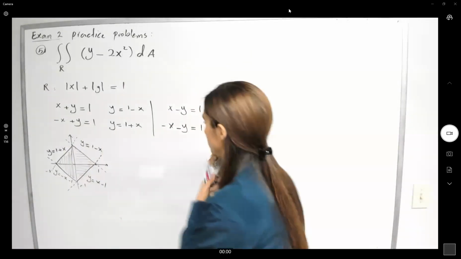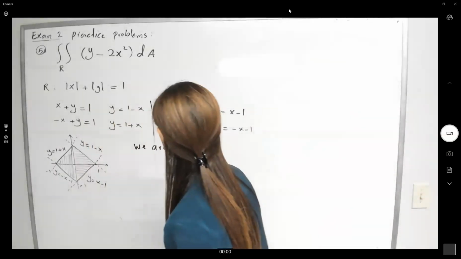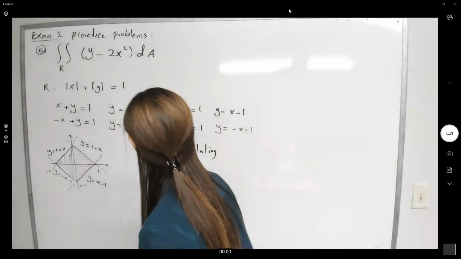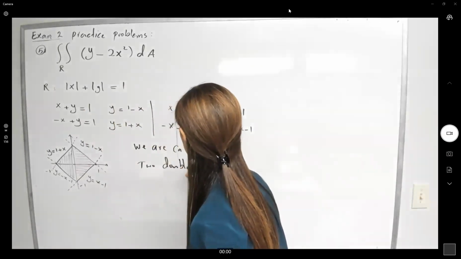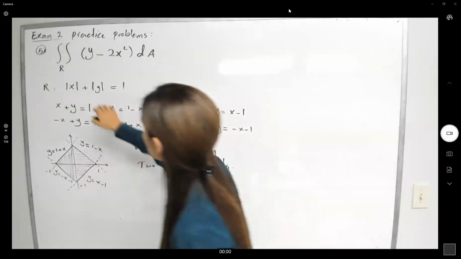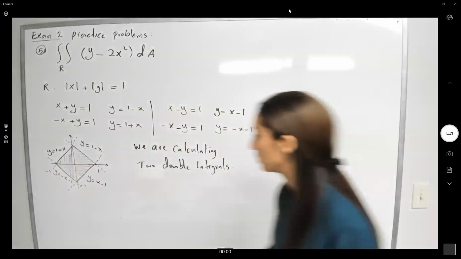We are calculating 2 double integrals because of the behavior of the ceiling and of course because of the base that we have.